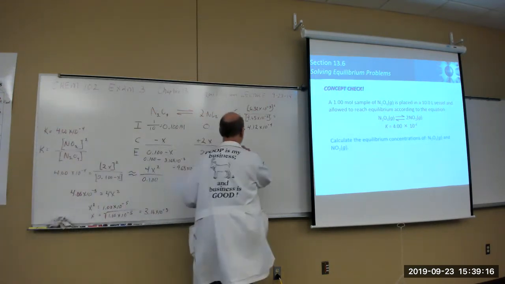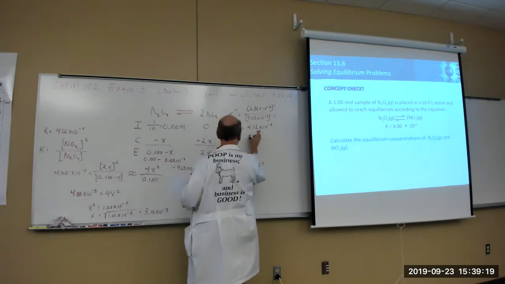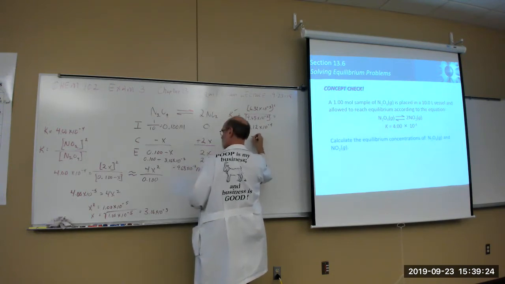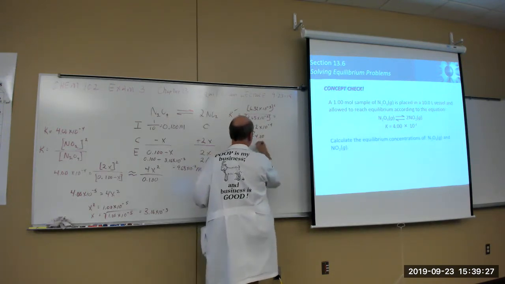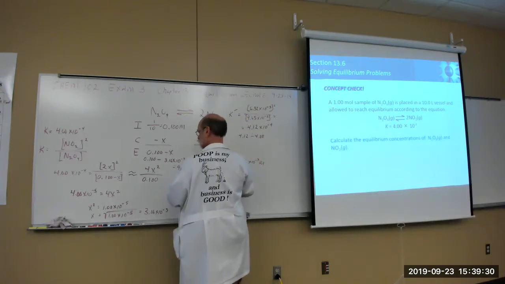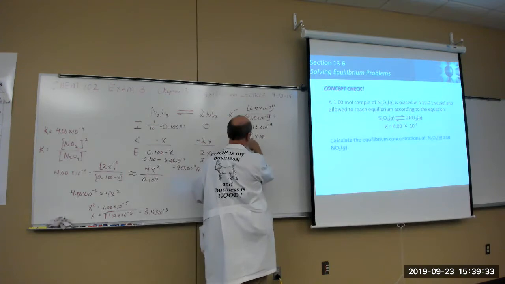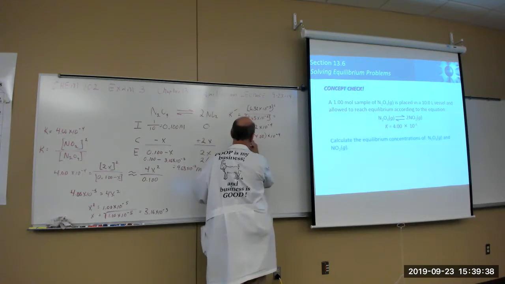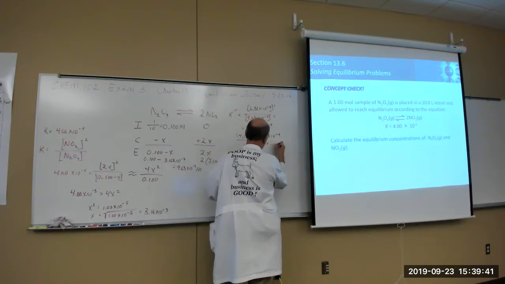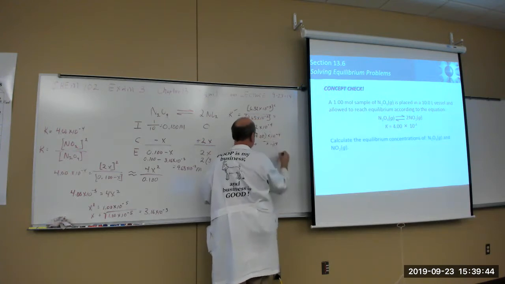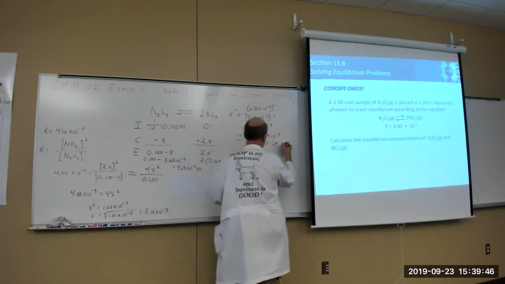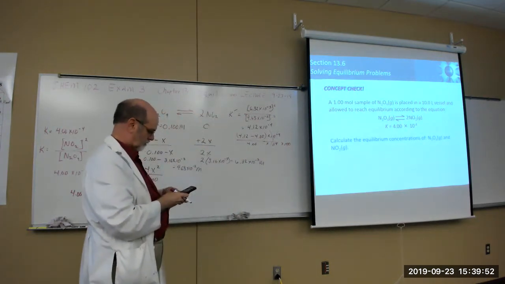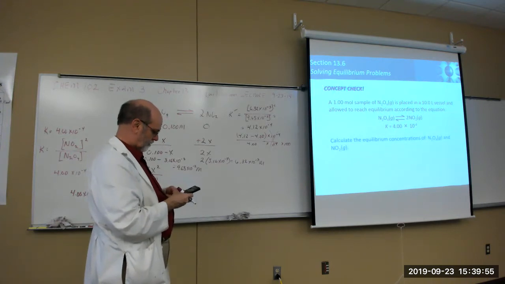Okay, so let's see if that's within 5%. So it'd be this one minus that one. Since they're both times 10 to the minus 4, those cancel. We can just use this expression. So it's 0.12 divided by 4. That's 3%.